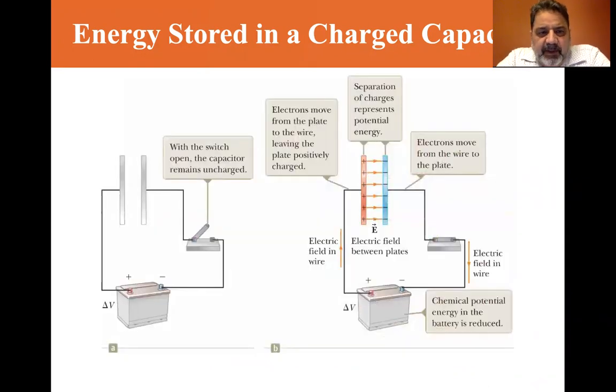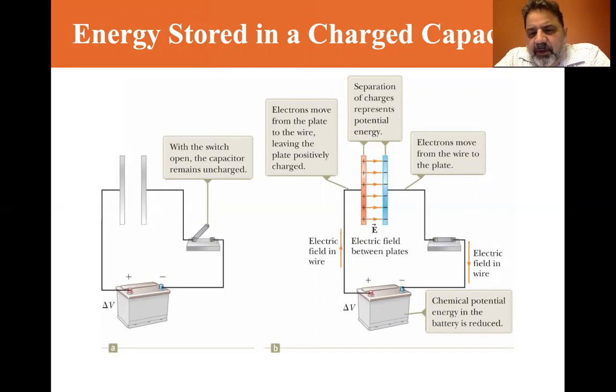Here's a parallel plate capacitor hooked to a battery and a switch, and when you flip the switch, you create an electric field, and the electrons move from one plate to the wire, and so you get an excess of electrons on one side and a scarcity of electrons on the other side.